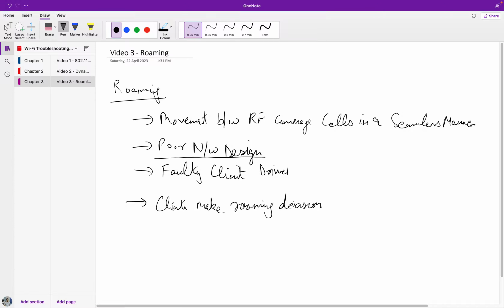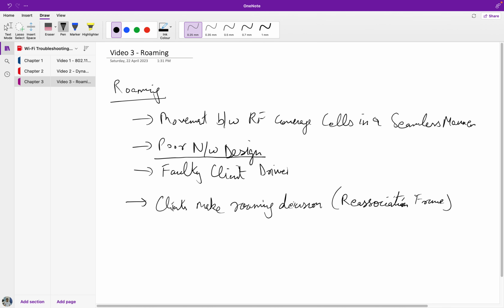Even though some vendors do try to involve the access points or the controllers in that decision, ultimately it's a client decision, and the client initiates the roaming process with a reassociation frame. A reassociation frame is sent by the client to the target AP to initiate the roaming process, right?